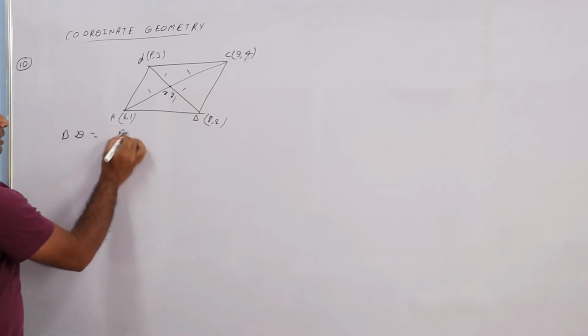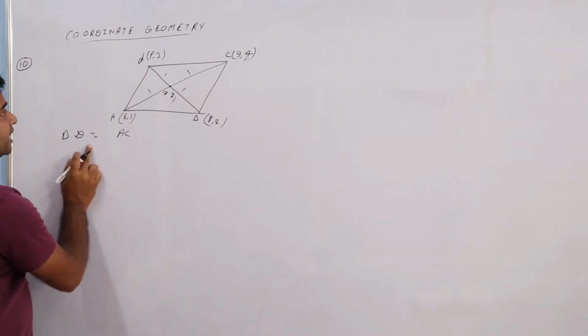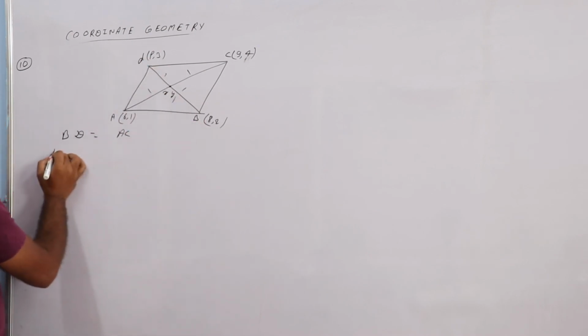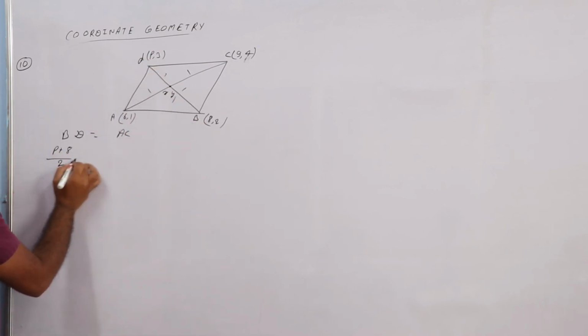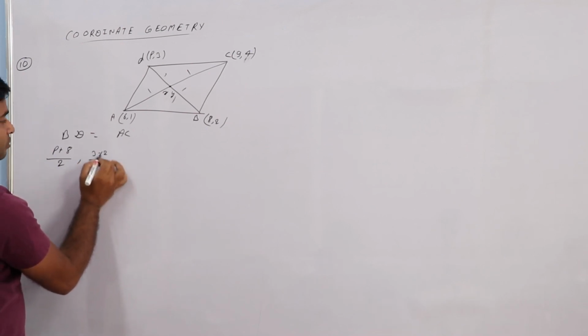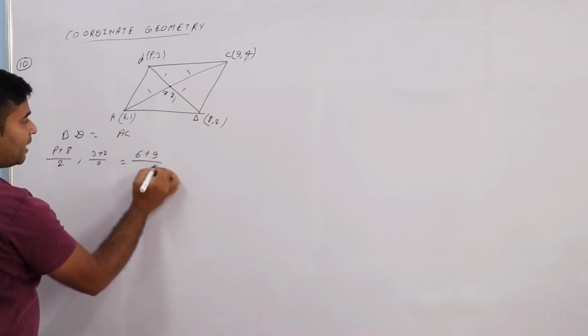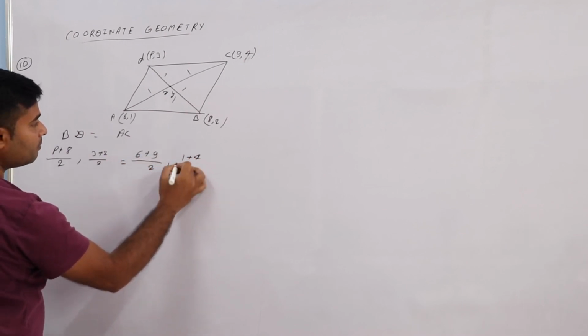BD is equal to AC. Why? Because the diagonals of a parallelogram bisect each other. Acha. So BD how much? P plus 8 by 2 comma 3 plus 2 by 2, and AC is 6 plus 9 by 2 comma 1 plus 4 by 2.